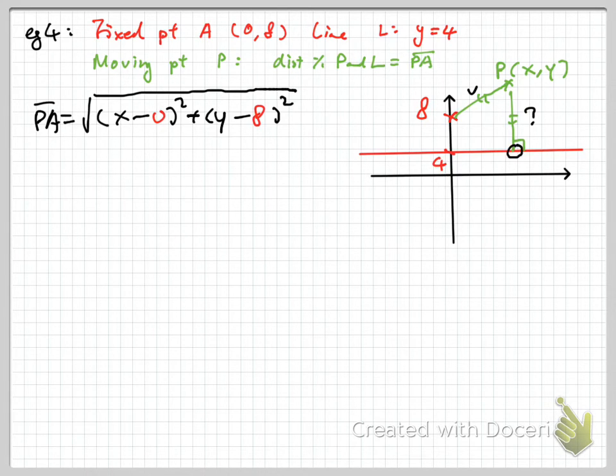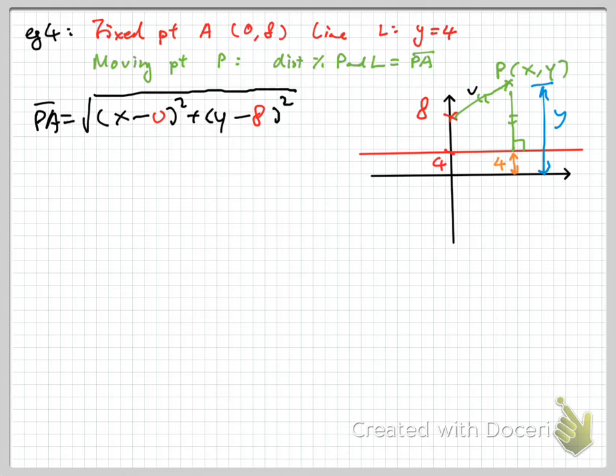We have very little idea about this point. But don't worry, we know that if the point P is y, that means the distance from the x-axis here is y. This is y. And then the red line is y being 4. That means the distance between the x-axis and the red line is 4 units.